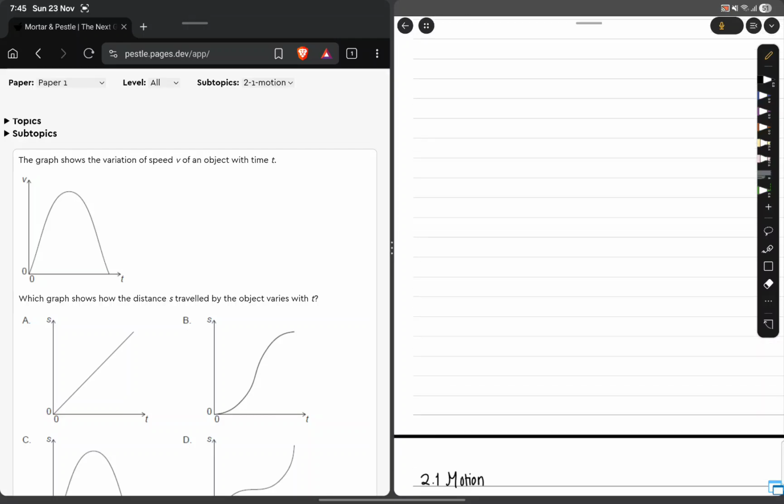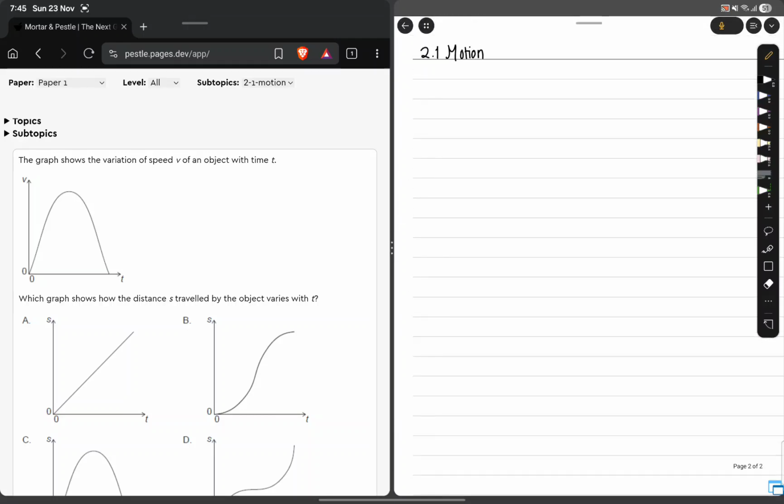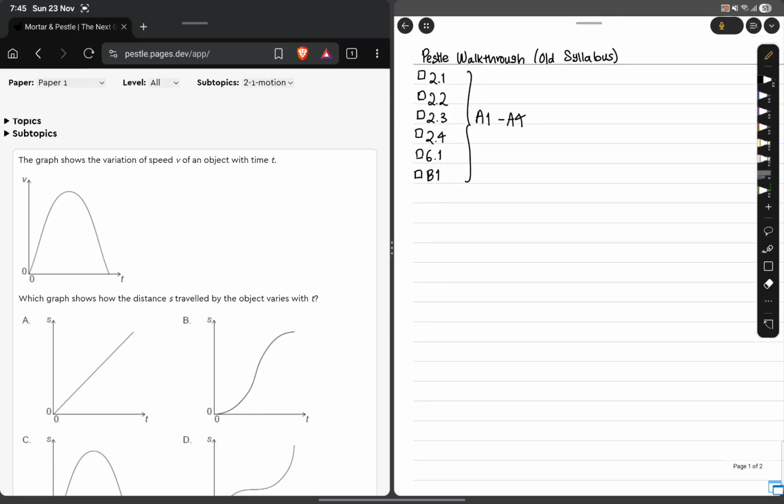So let's go. The first topic is 2.1, motion. And I'm going to be going through it this way.